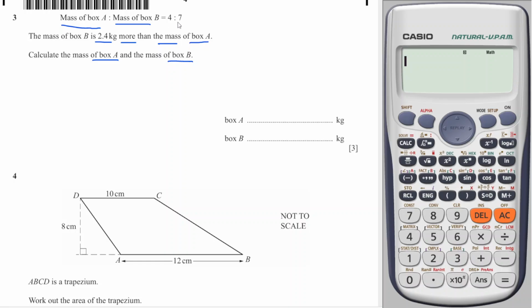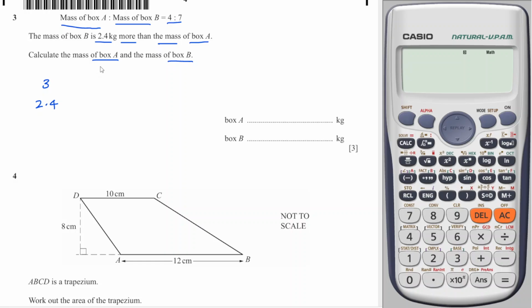So first of all we can identify how many parts more B has than A. So it is 3. For this particular 3, we have the value 2.4. So this is called the difference value, right? That particular 2.4 is the 2.4 kg more.